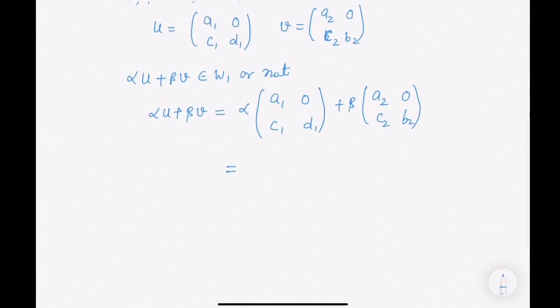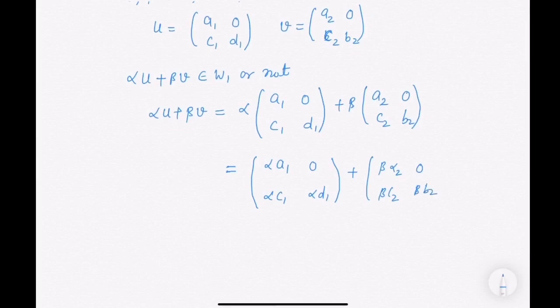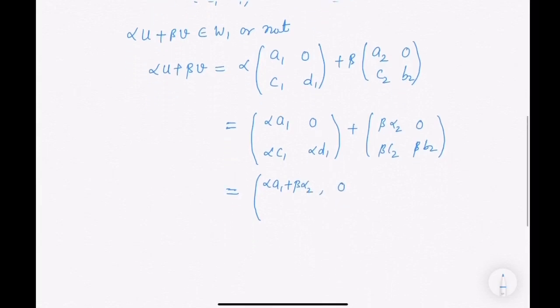When alpha is multiplied to the matrix, it means alpha is multiplied to each element of the matrix. Alpha A1, 0, alpha C1, alpha D1 plus beta A2, 0, beta C2, beta D2. And this is equal to, by component-wise addition, alpha A1 plus beta A2, 0, alpha C1 plus beta C2, and alpha D1 plus beta D2.